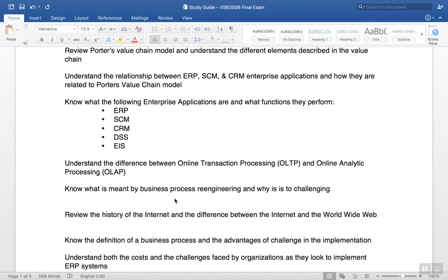We go back and take a look at business process reengineering and some of the issues around that. So the restructuring of businesses and business processes to achieve an optimized structure. The relationship between BPR and ERP is that the implementation of a redesigned business process is a lot of times achieved through the implementation of an ERP system.